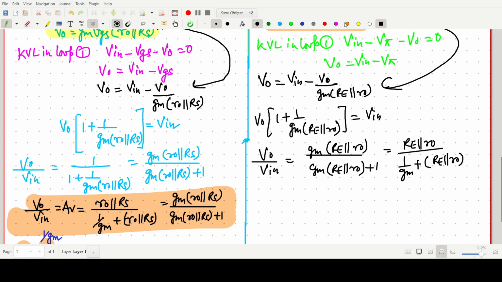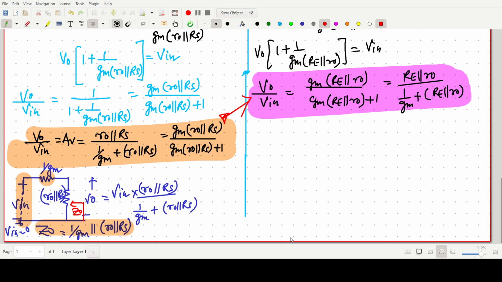Okay, very similar expression as that of the common source or source follower. These two are very similar kind of thing. That's why I have made this video, to show how both are almost the same. So finally it should be V in, it should be V out, and this value will be RE parallel with R naught.